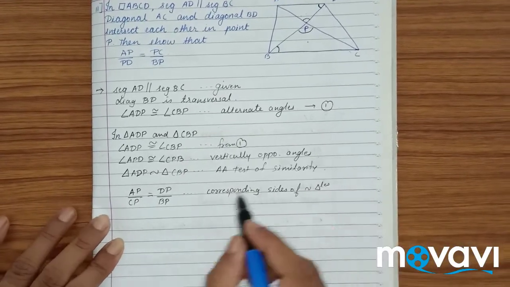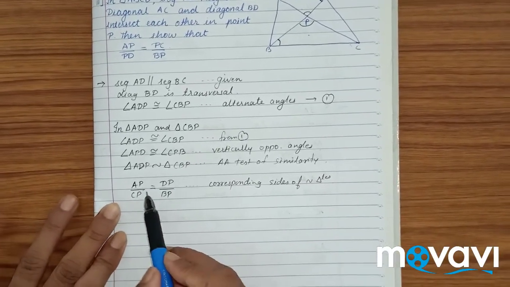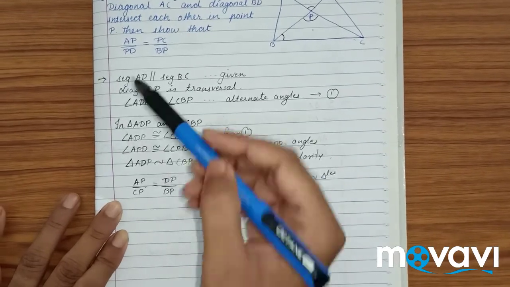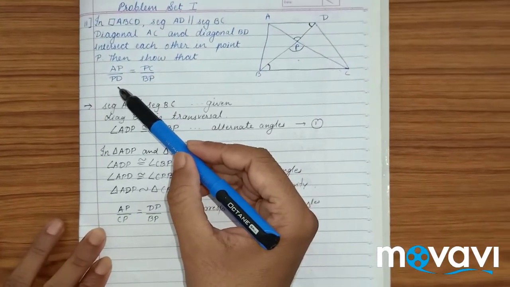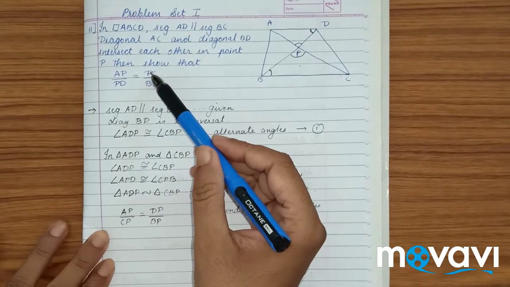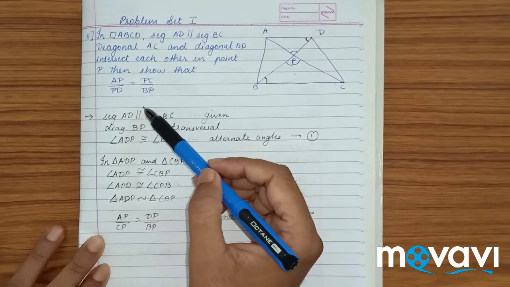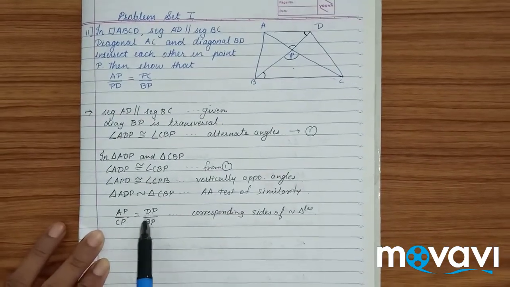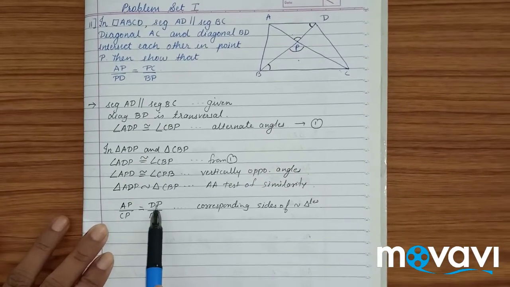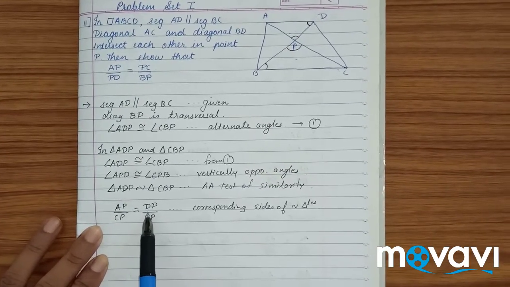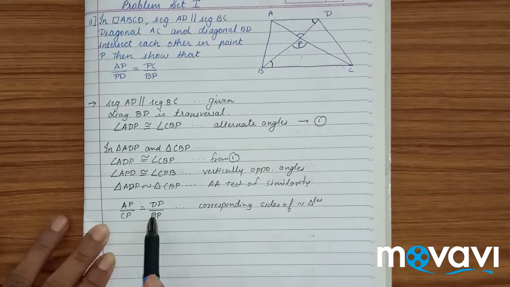Okay, fine. Now this is not what is asked. What is asked? It is AP upon PD or DP is equals to PC or CP upon BP. Means my DP should be here and CP should be here. So yes, I can use alternando. I hope you remember this.